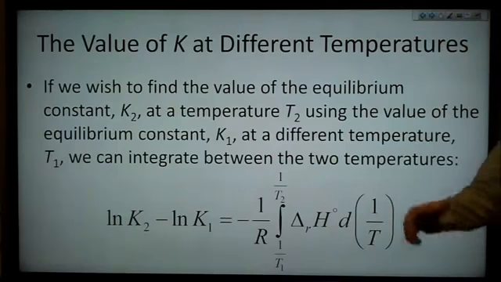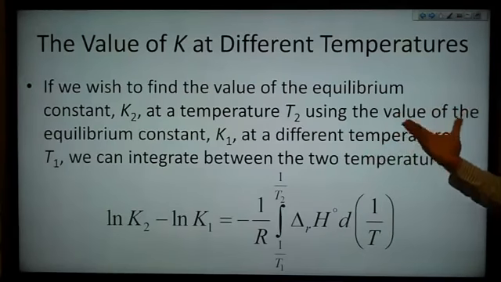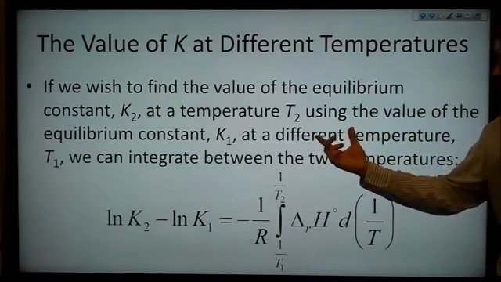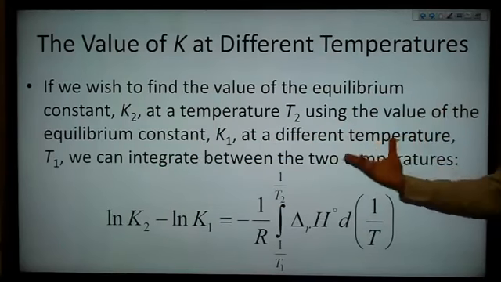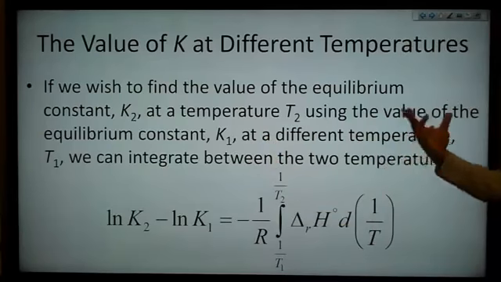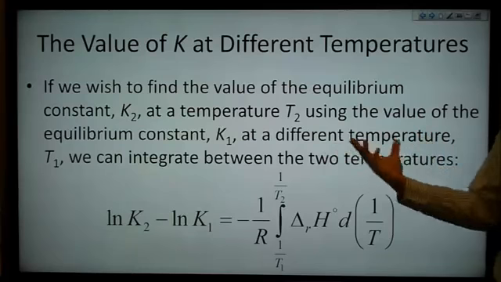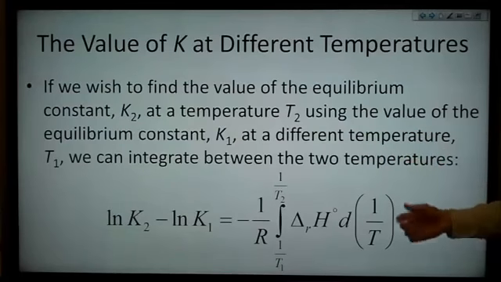If we want to find the value of the equilibrium constant K2 at some temperature T2, using the value of the equilibrium constant K1 at some initial temperature T1, we now can integrate between our two temperatures.